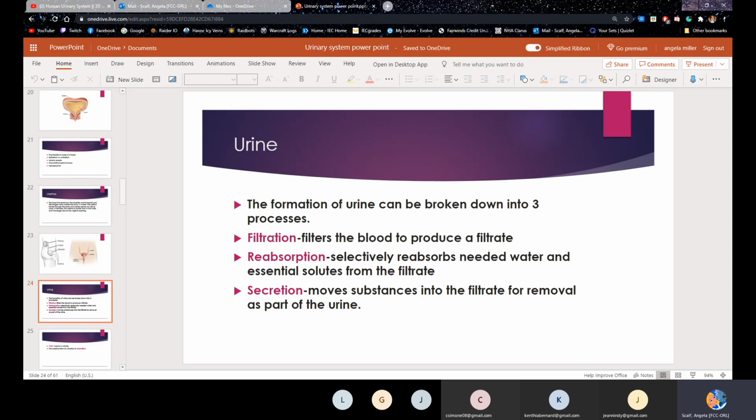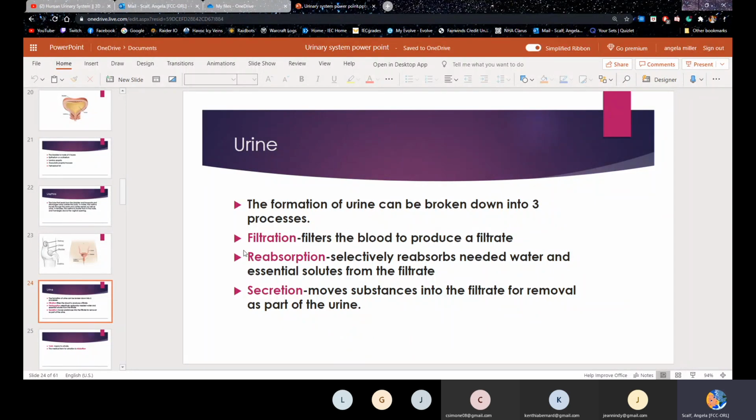The kidney. Inside the entire kidney structure, but mainly in our nephrons, right? And how many nephrons do we have? Millions. Yes, good. And then the next portion of the urine process is reabsorption.